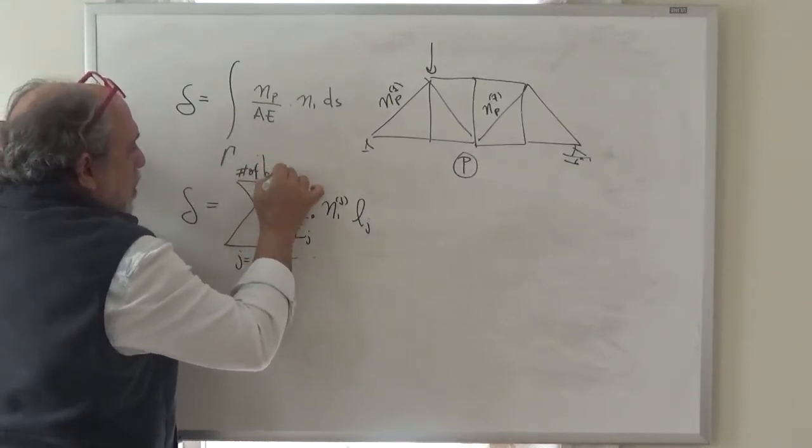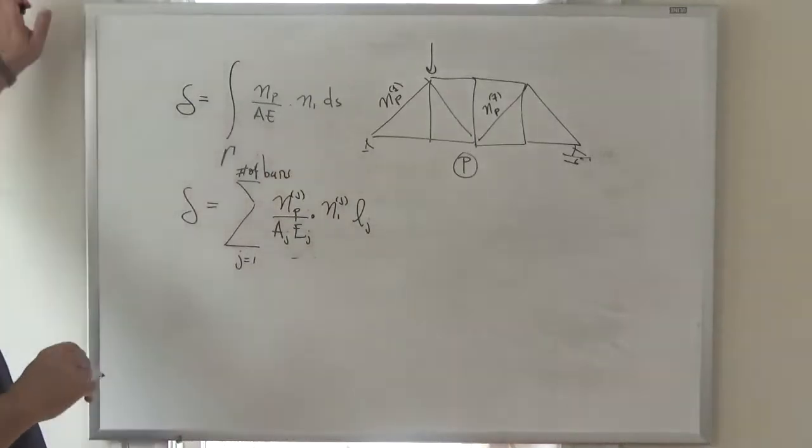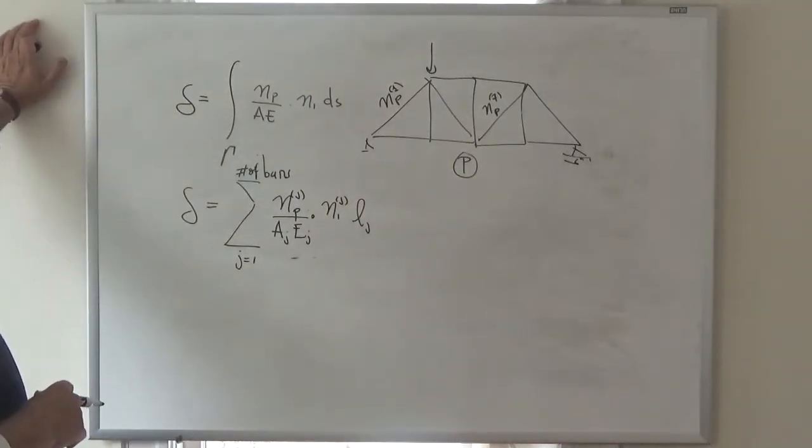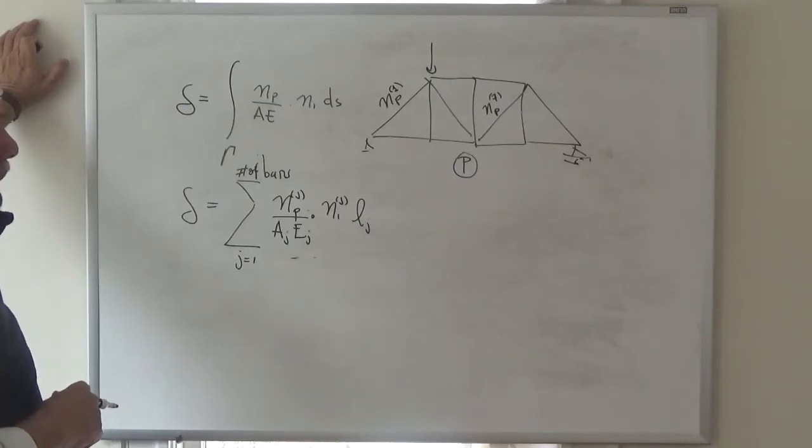So this formula you've seen before, you've done homeworks I think on it, and so that's the deformation that you get on a truss if what you have are loads.